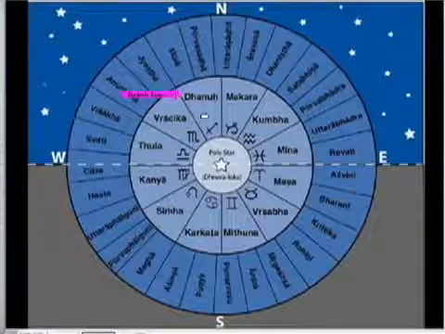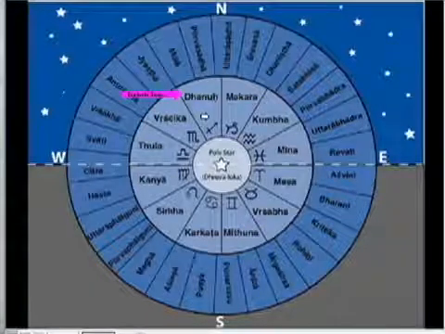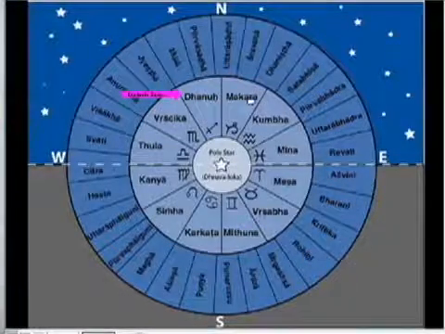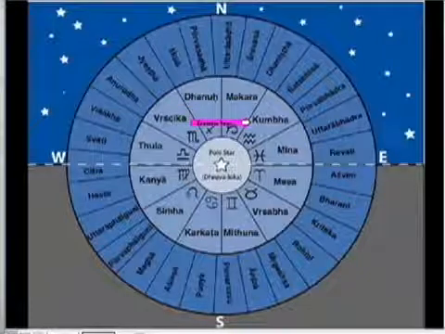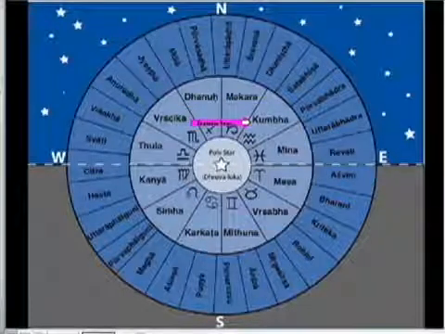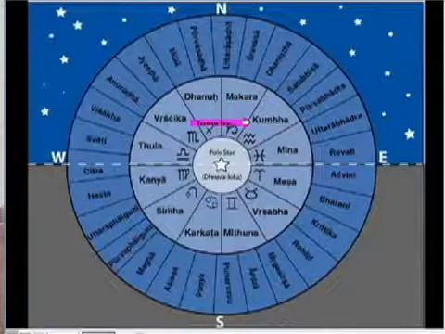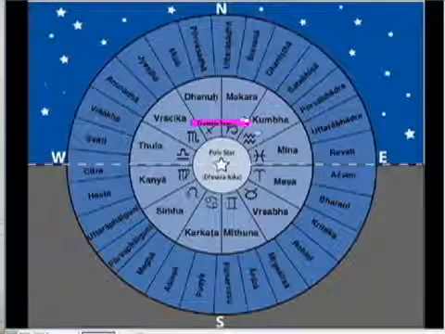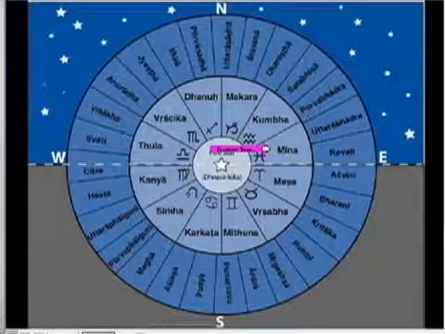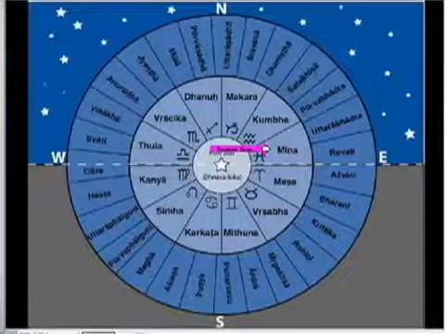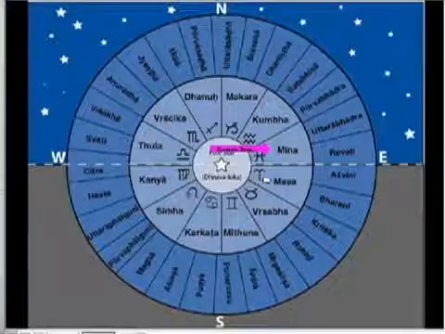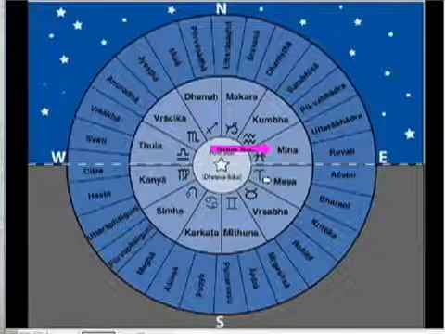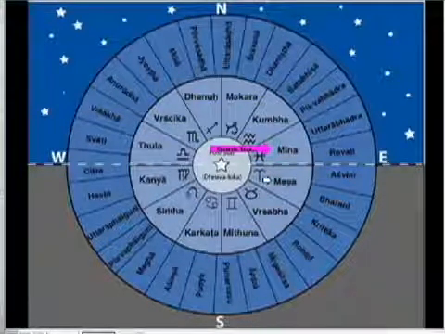I mean, that's what it means in Sanskrit. Sagittarius, right. Makara is Capricorn. Kumbha, or Aquarius. Kumbha means a man carrying water. And Meena, or Pisces. Meena means fish. So these are the 12 Raśis, or signs of the zodiac.